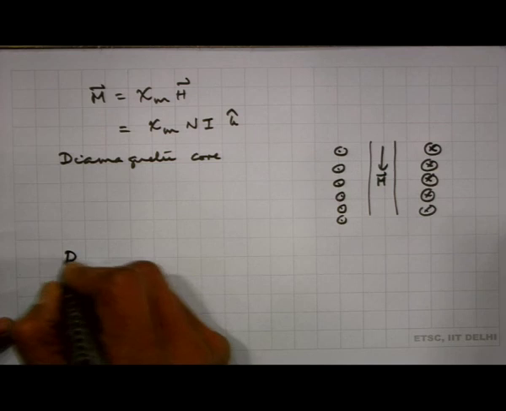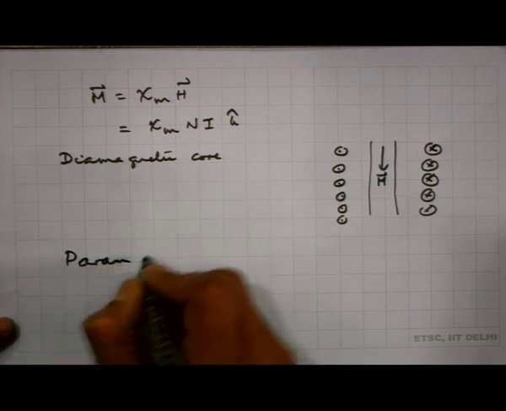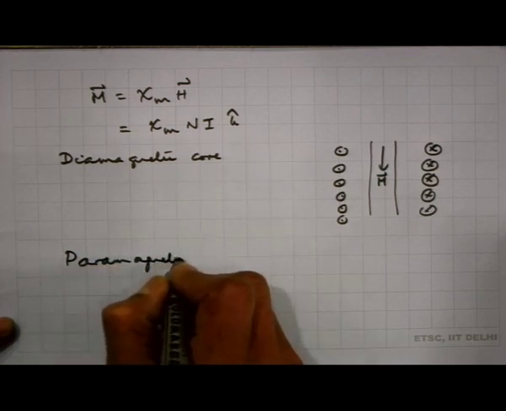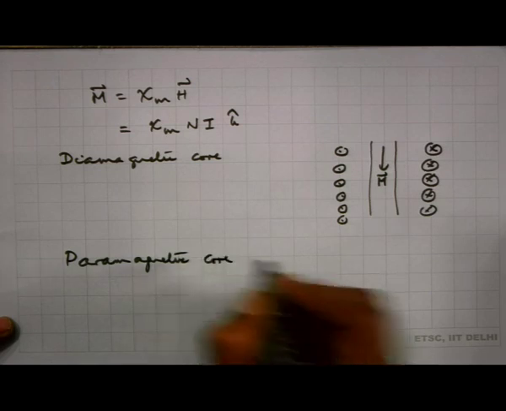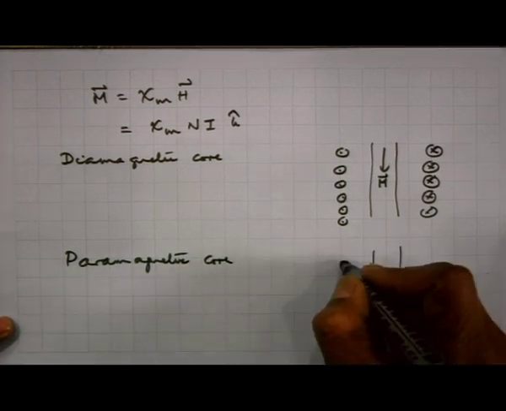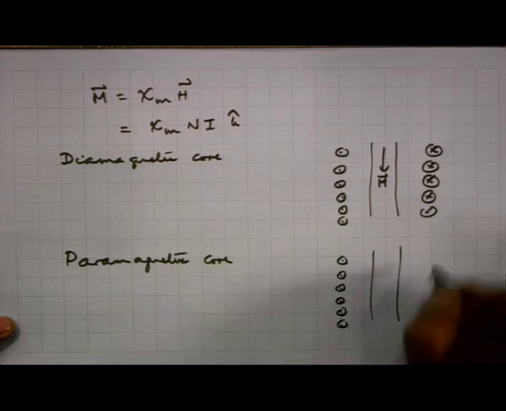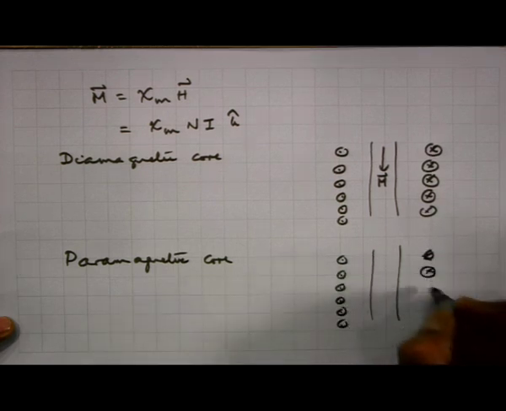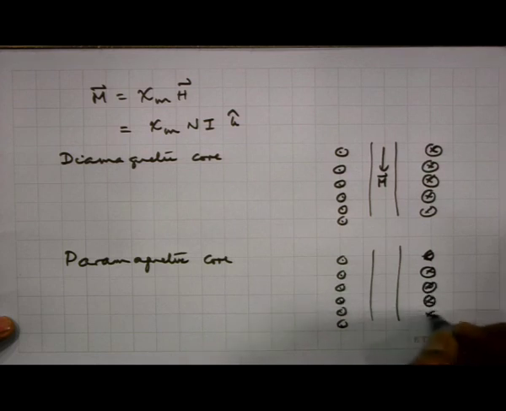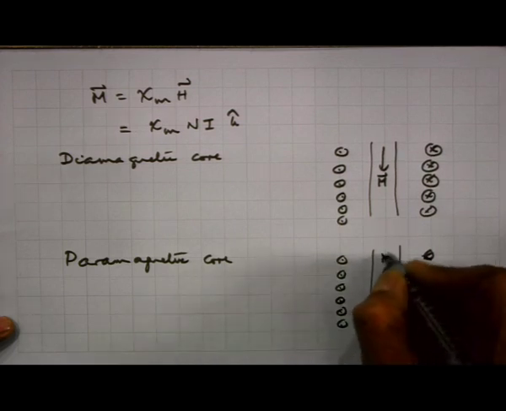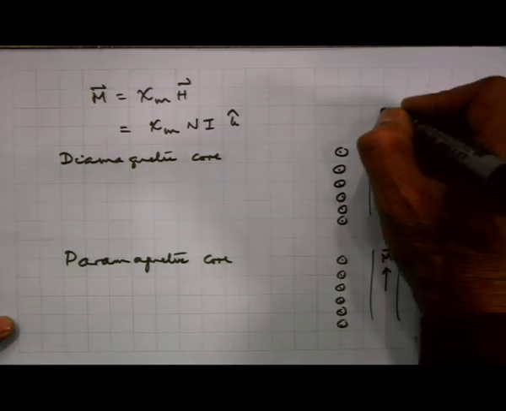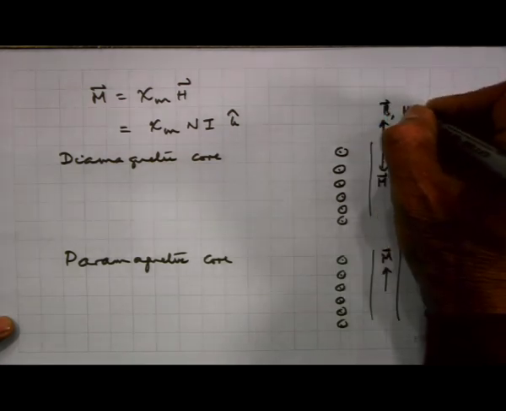For a paramagnetic, M is like this, B and H are like this.